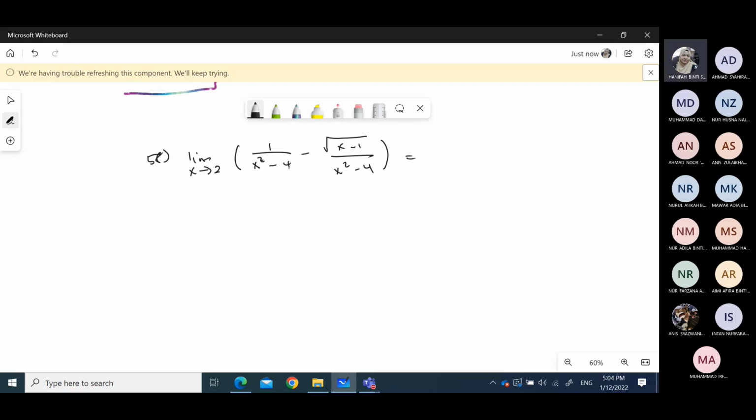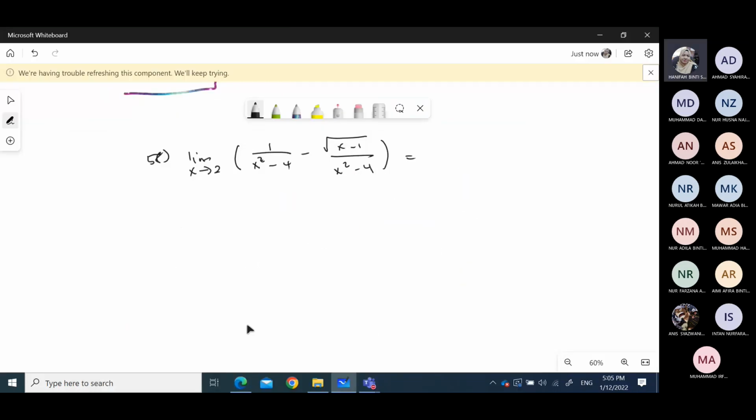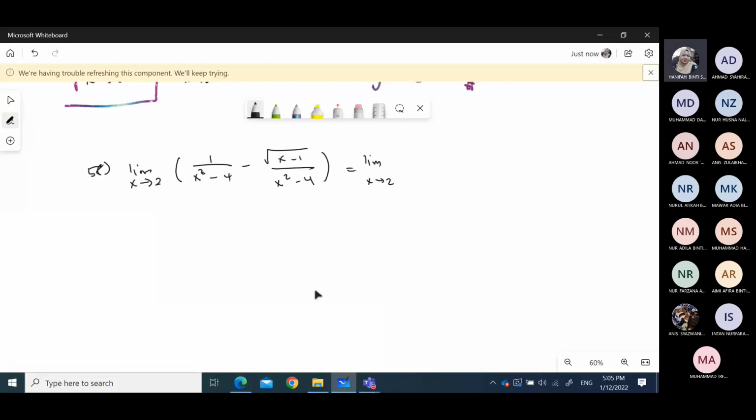Earlier we got infinity minus infinity, which is indeterminate difference. So we need to combine the terms. Combine: here we have a limit x approaches 2. Combining fractions with the minus operation, if we have a plus or minus operation for fractions, we can combine, but there is one condition: the denominators must be equal.